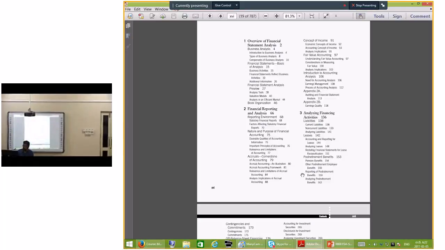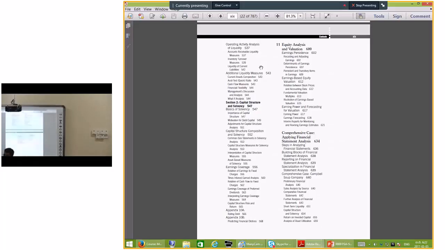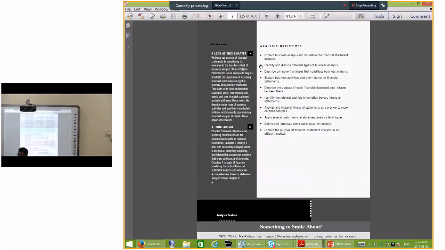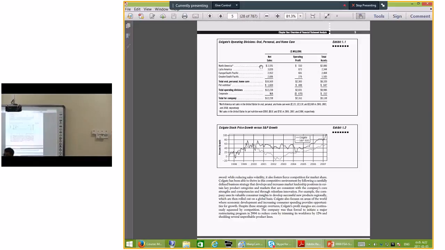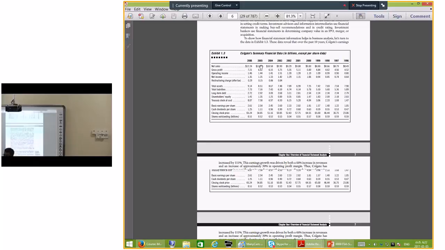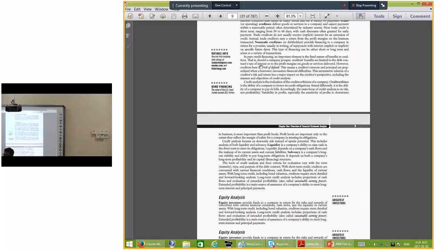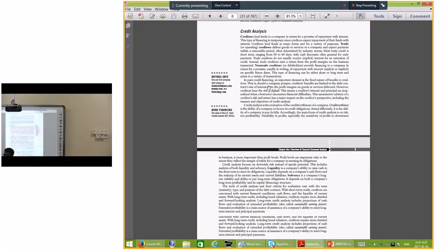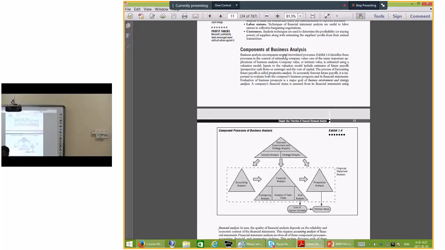Yes. Then you can go to that book. This is the recommended book for you. You can read it. Further, you can understand your issues. You can see some details: credit analysis and other details, equity analysis, then business analysis, components of business analysis.